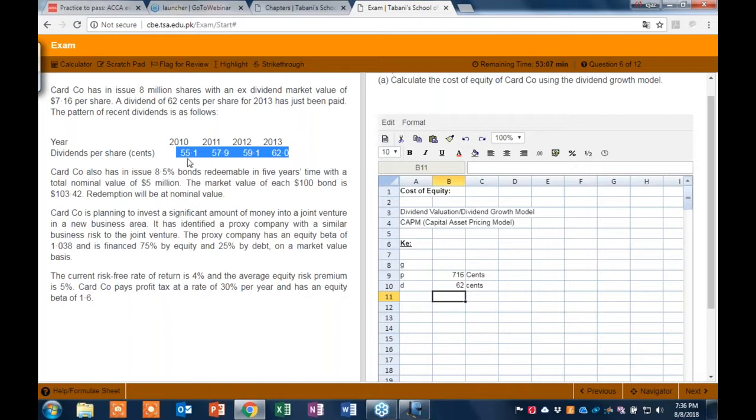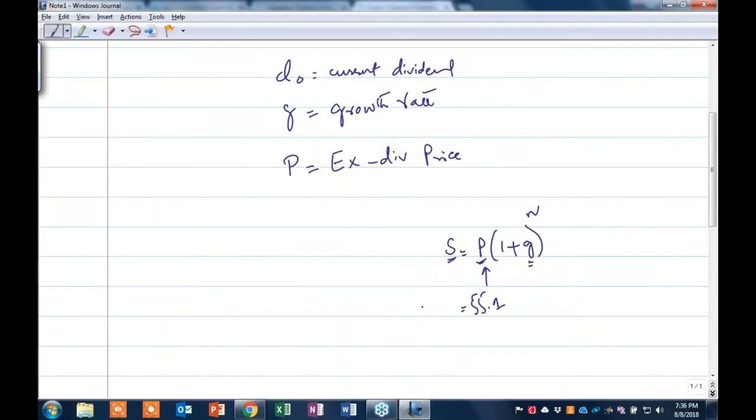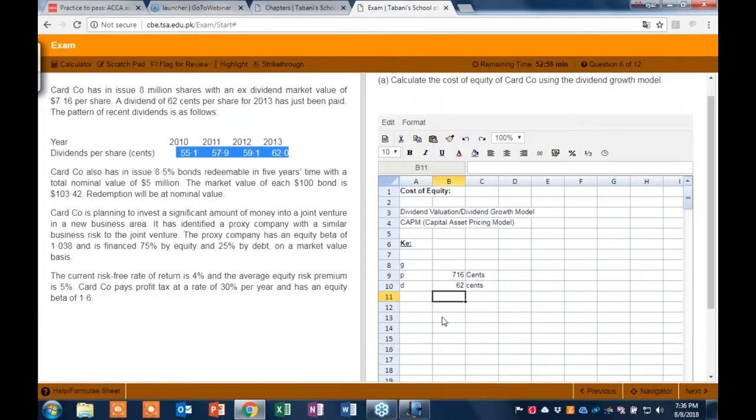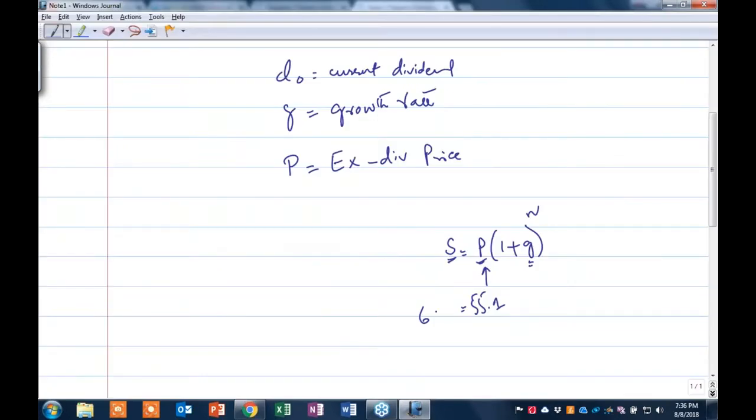At what constant growth rate have these dividends grown? That's what we need to find out. The dividend we've just paid is 62 cents, so the dividends have grown from 55.1 cents to 62 cents. We don't know at what rate. This is what we need to find out.